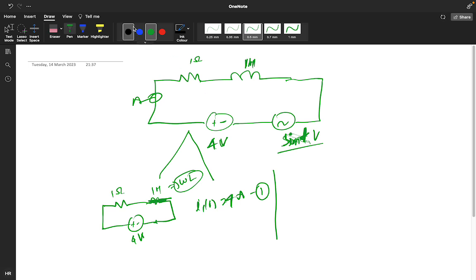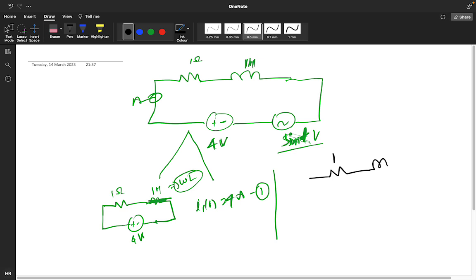Now what will you do? You will short circuit your 4 volt. You have the sinusoidal sin t. Here the omega value is given as 1 because it is sin omega t. So the inductor becomes your j.